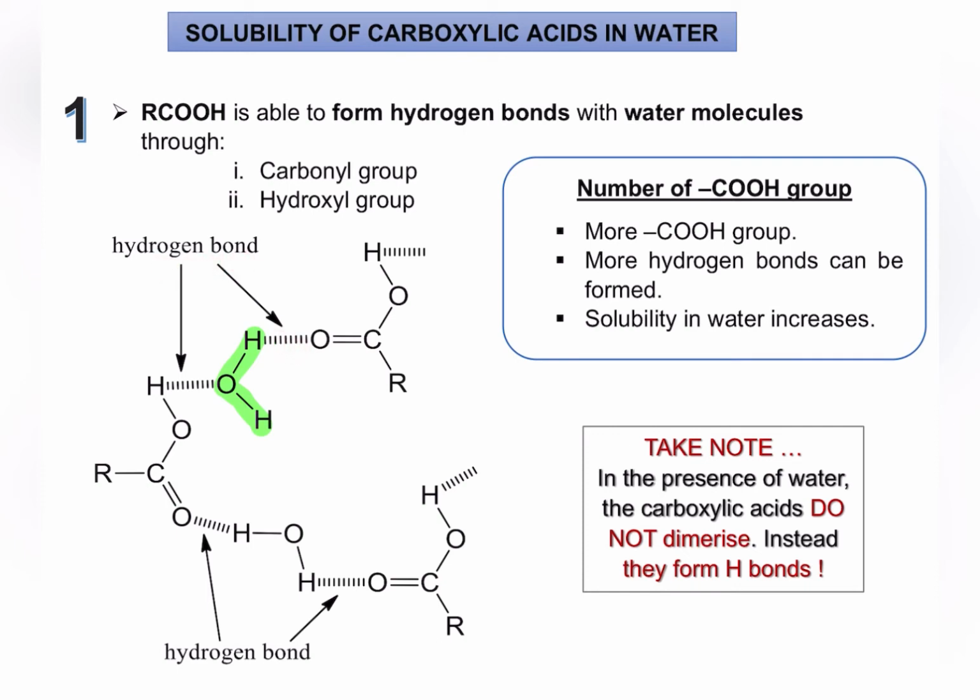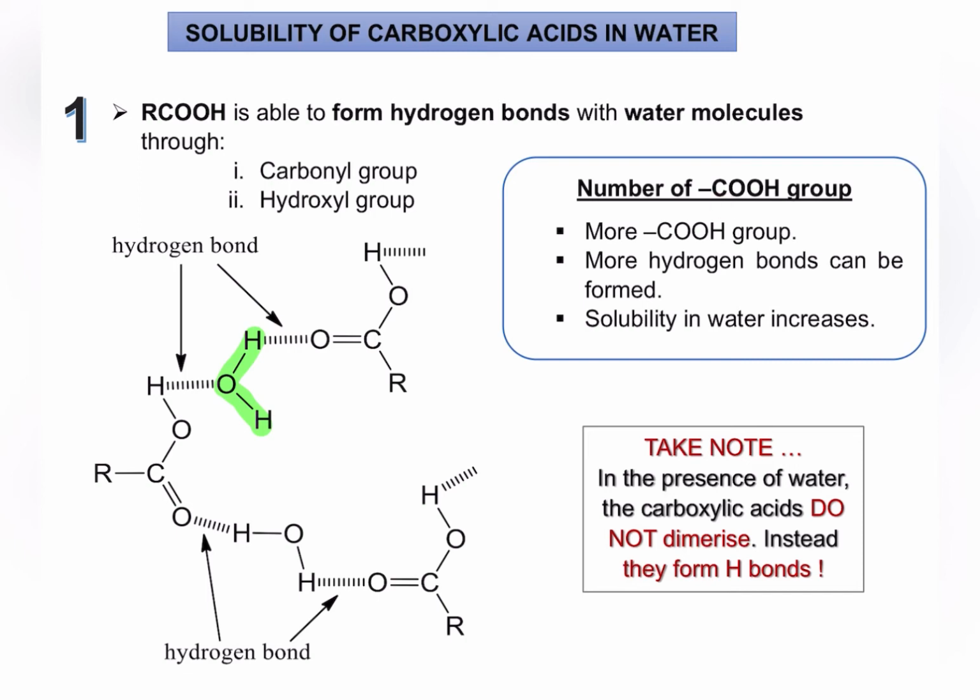You can also see that the oxygen from water can form another hydrogen bond with the hydrogen from the OH side of your carboxylic acid. So you can see a lot of attractive forces formed by the two ends of the chain: the first from the carbonyl group and the second from the hydroxyl group. That is what makes carboxylic acid very special compared to alcohol.